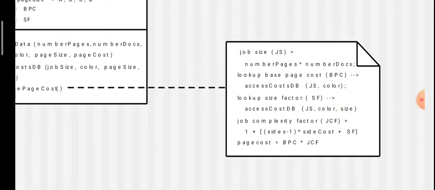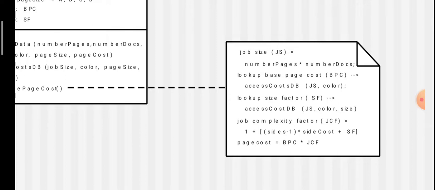There is a comment section, and in the comment section we can see what they are. Job size is calculated by number of pages into number of documents. Lookup base page cost, that is, the base page cost is calculated, which implies access cost DB. It takes JS and color, job size and color, so these are the two arguments it takes.